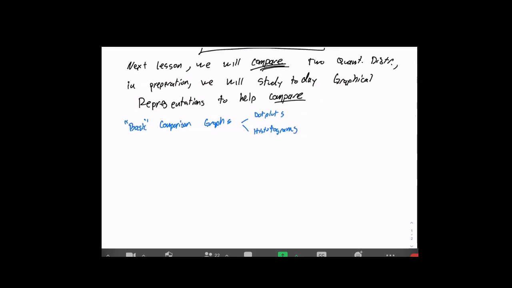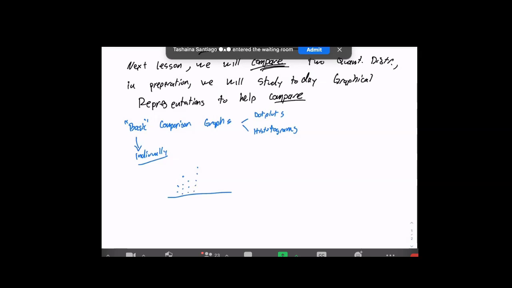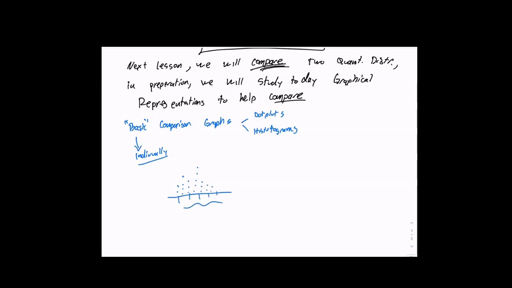Typically, these are just drawn. You do them individually. There's nothing that you really have to do. So you might have your dot plot, and then you have your number line, and then you might even have another dot plot here with some data.